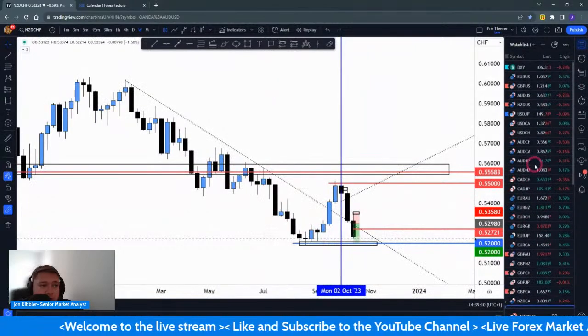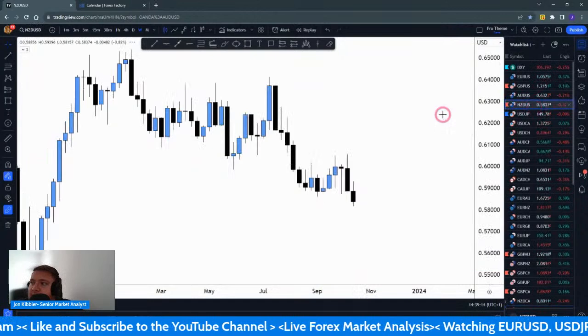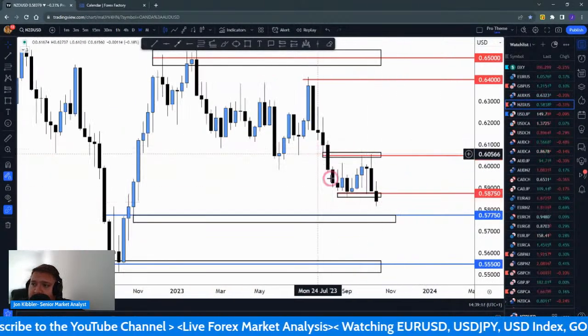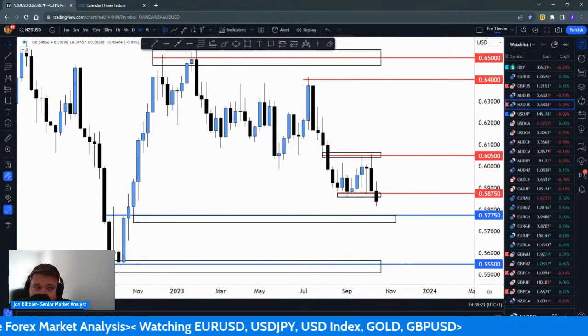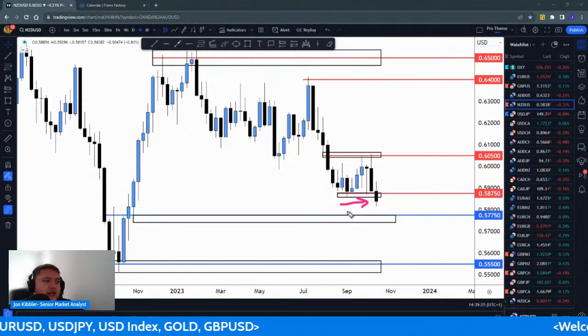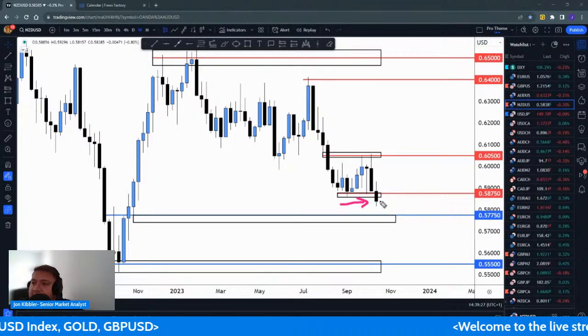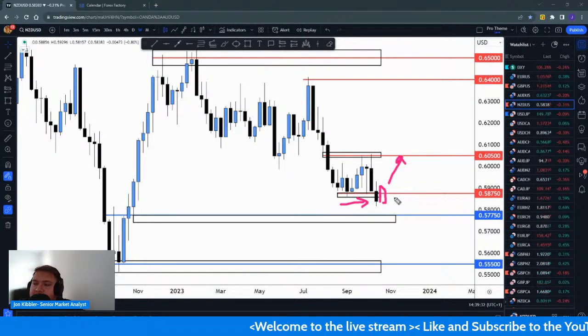The reason why I quite like Kiwi downside, not just from a strength meter perspective, but if we take a look at Kiwi dollar, you can see that we've just broken down through this range as well. That's obviously going to bring a lot of attention to New Zealand dollar, and we may see a little bit of a move back into the range and price climb back to the upside.